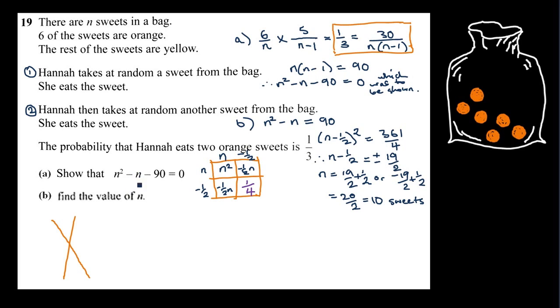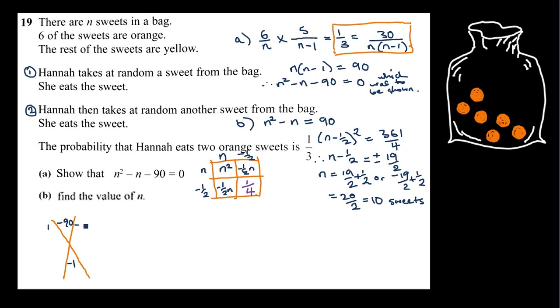Well, the minus n, or minus 1 here, is what we've got to end up with. So we need minus 1 as the sum of those two quadrants. So minus 1 is the sum, and minus 90 is the product. So what product pairs of minus 90 are going to also sum to minus 1?